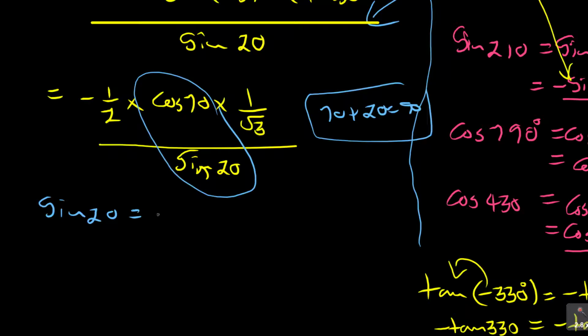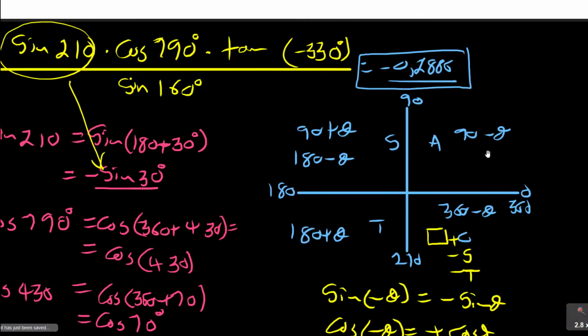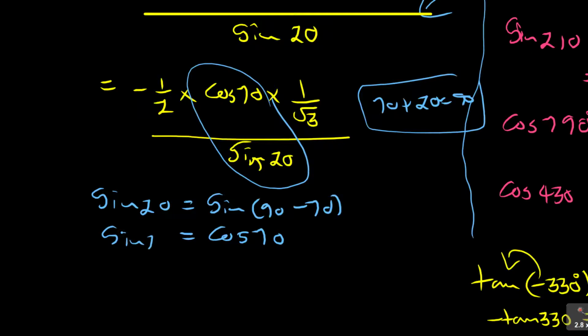Which quadrant is this one? First quadrant, remember, and in the first quadrant it is 90 minus. So sine 20 is sine of 90 minus 70. Now it's a co-function. What is sine of 90 minus 70? It's cos 70.